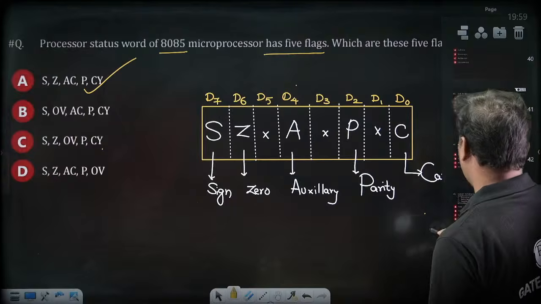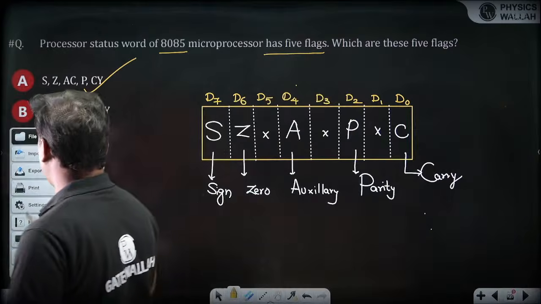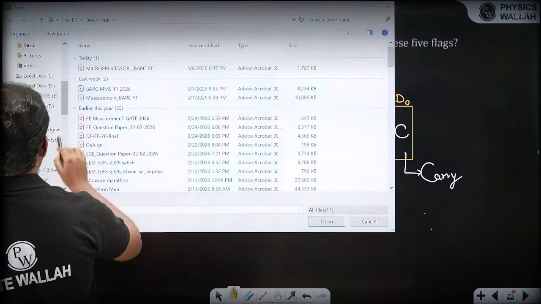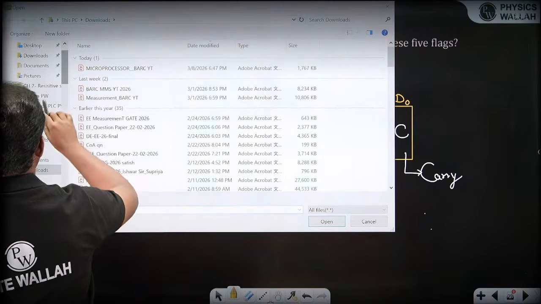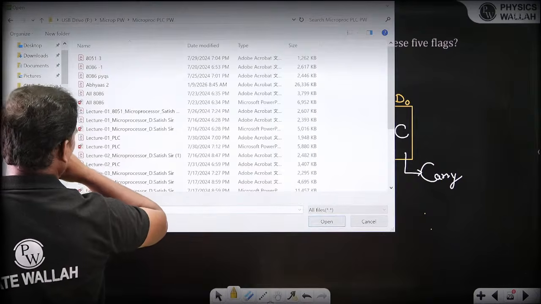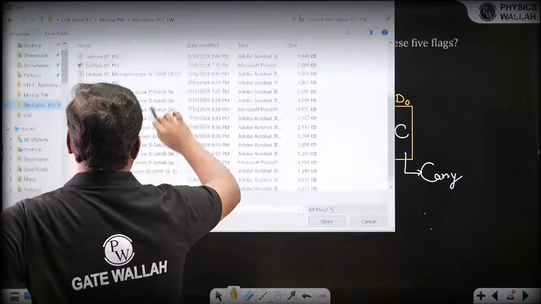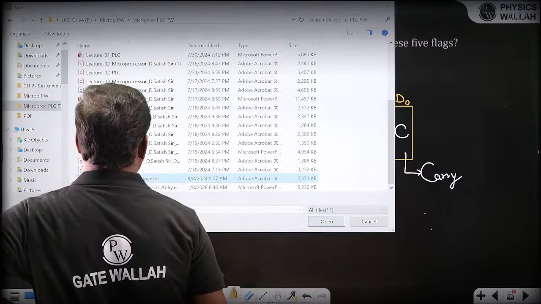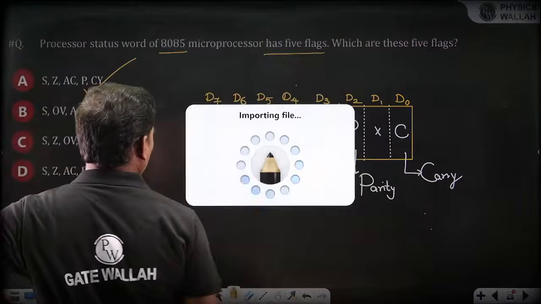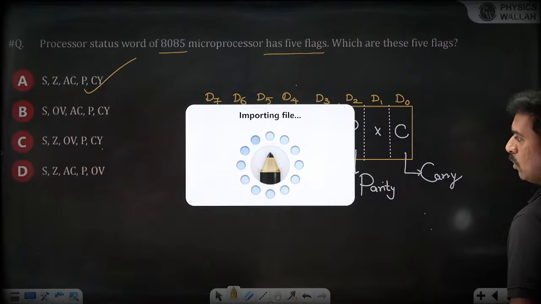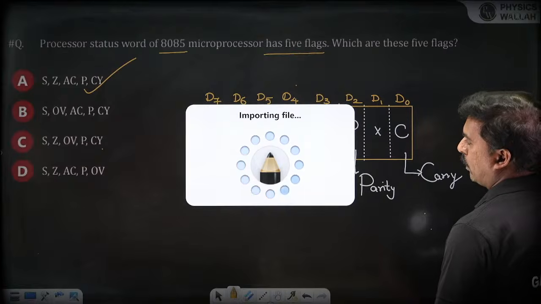Some more questions, we will take from GATE. Let us solve some good questions from the 8085 microprocessor majorly.